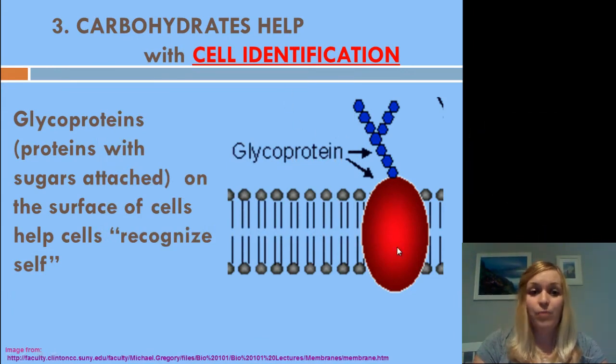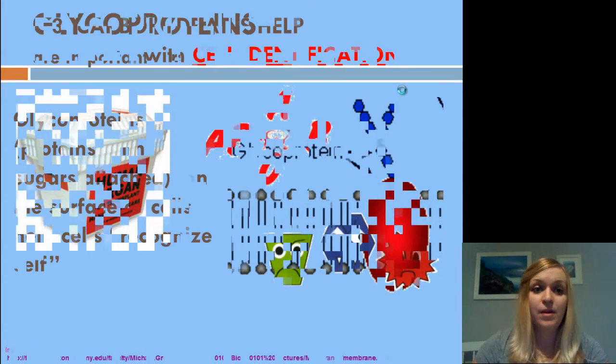They have a protein and then a chain of sugar or a chain of carbohydrate attached to them, and they allow us to recognize whether something is supposed to be in our bodies or not.